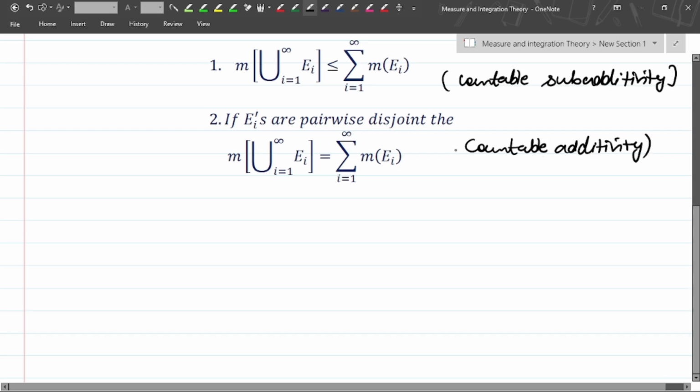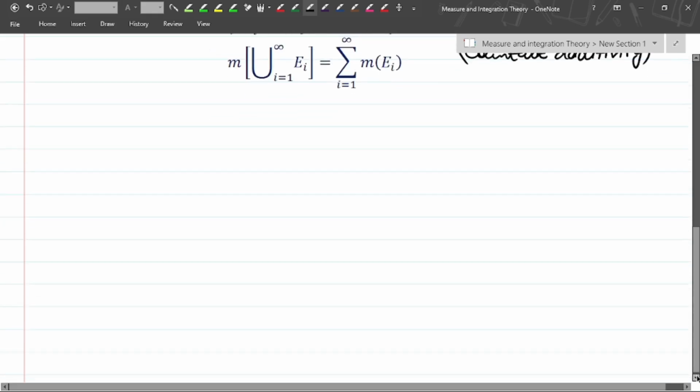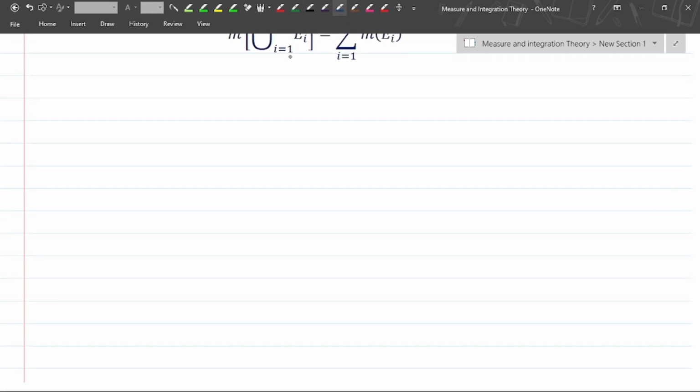Now, how can we prove these results? We have some properties, so we'll start with the proof.